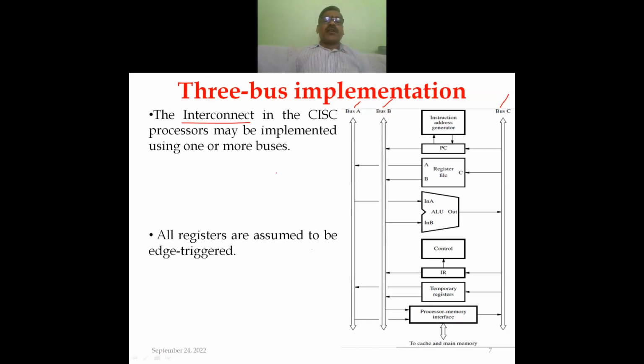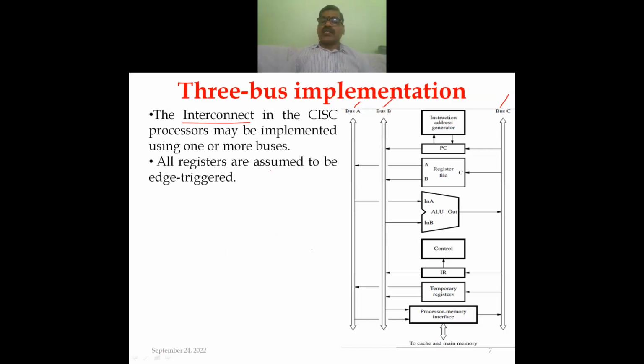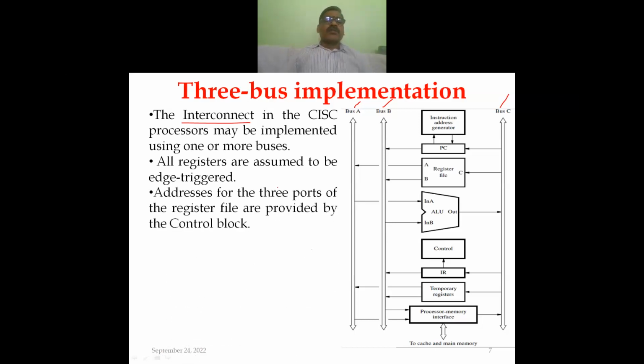Fine. So in this particular diagram, all registers are assumed to be edge triggered. That means during the clock pulse edge, the data will move from one register to another register through different buses. The addresses for the 3 ports of the register file are provided by the control block.